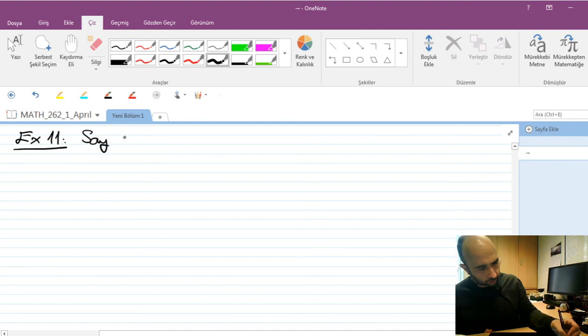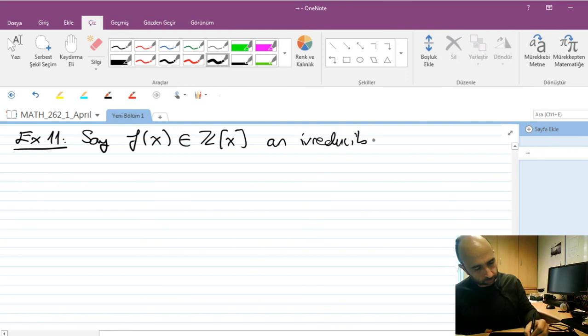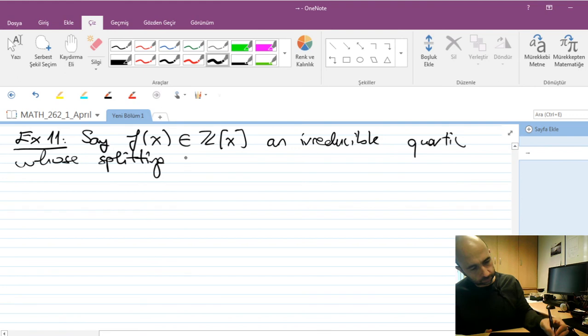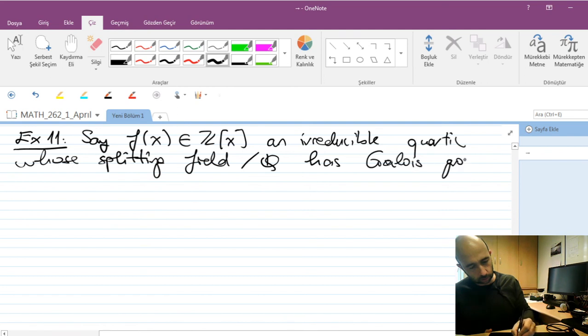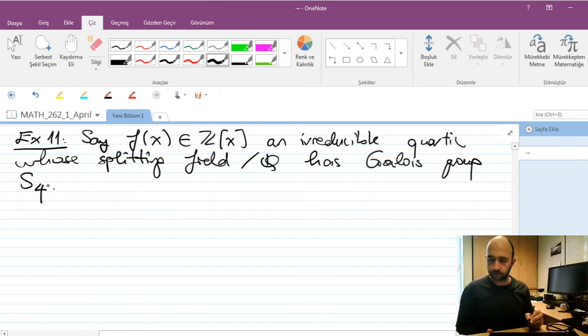Say you have an irreducible quartic, so degree 4, whose splitting field over Q has Galois group isomorphic to S4, the symmetric group on 4 letters.